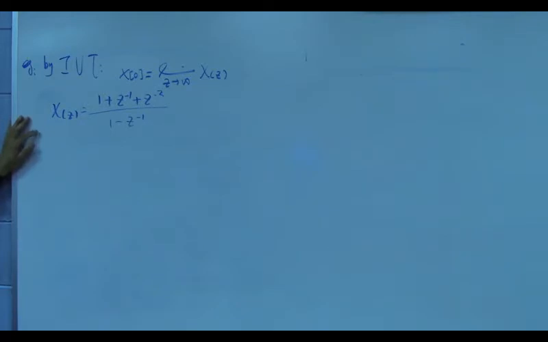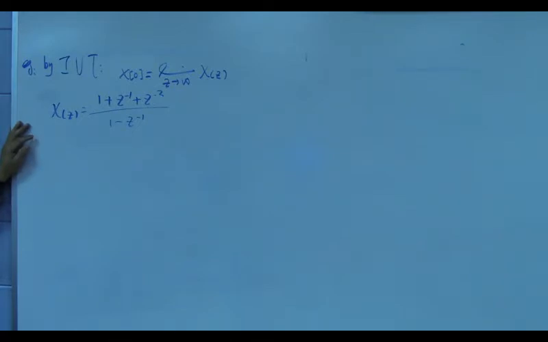How to do this? The first step, we need to determine if this is appropriate, whether we need to use long division or not. Is this appropriate? No, because the degree on the top equals 2, the degree on the bottom equals 1, so we need to use long division.